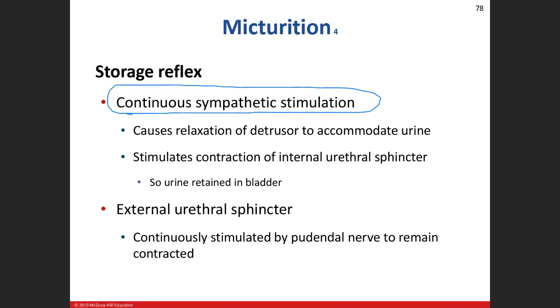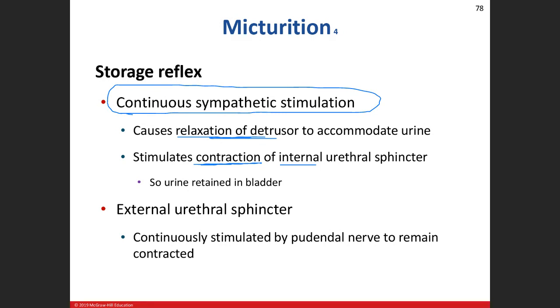That's happening all the time. Well, for the storage reflex, the sympathetic nervous system is doing the same thing. It constantly releases its neurotransmitter, which causes relaxation of the detrusor muscle. When the detrusor relaxes, it allows the urinary bladder to fill with urine. At the same time, it causes contraction of the internal urethral sphincter so we can keep the urine in the bladder.